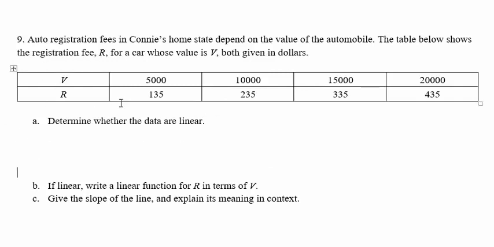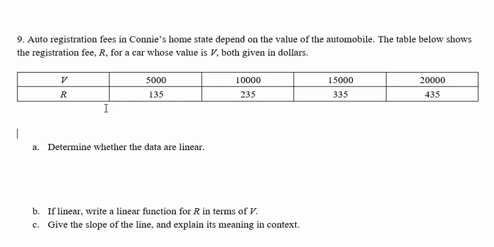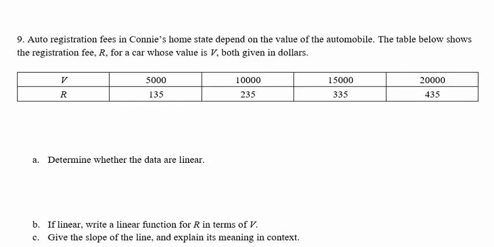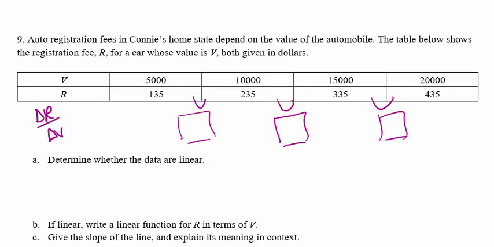Okay, well, we have a couple of options. We want to look for a constant rate of change. So if we find the change in R over change in V, for each pair of these consecutive points, we just want to show that ratio is the same every time.